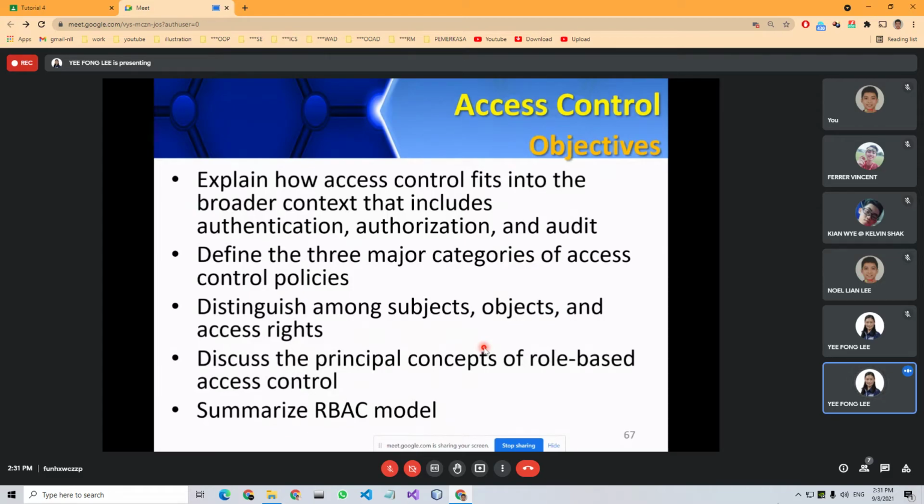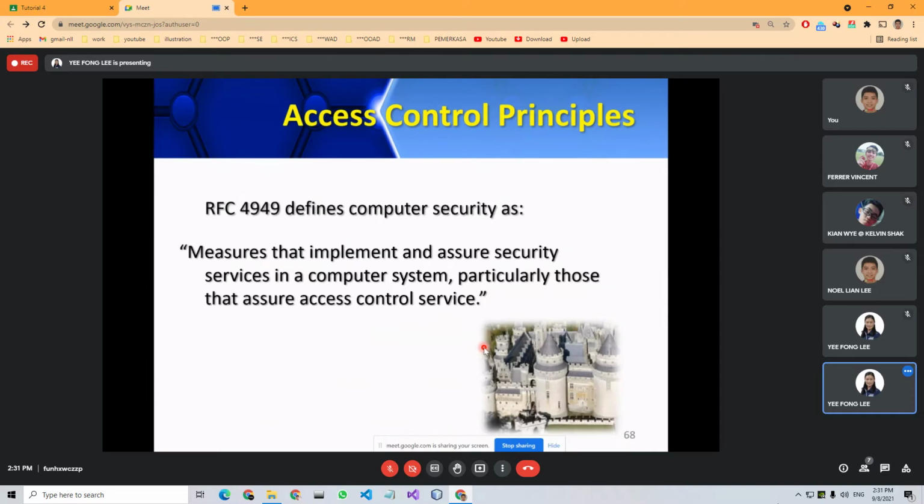Okay, one more topic. So this is about access control. Some are repeated. What is the principle of this? For all computer security, the major concern is access control.